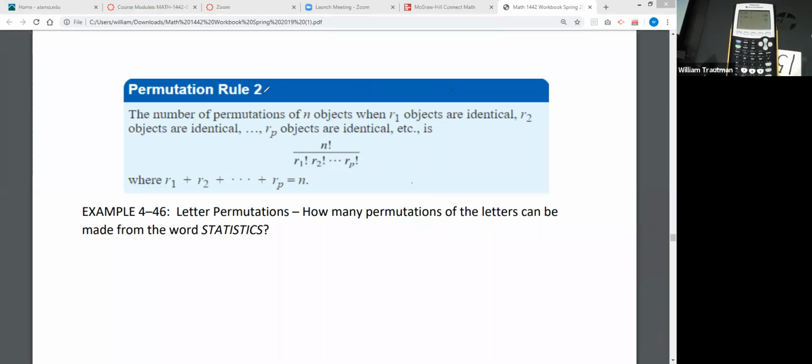This rule is only when you arrange letters, and that's why they call it the letter permutation rule. It's n factorial, where n is the total number of letters.